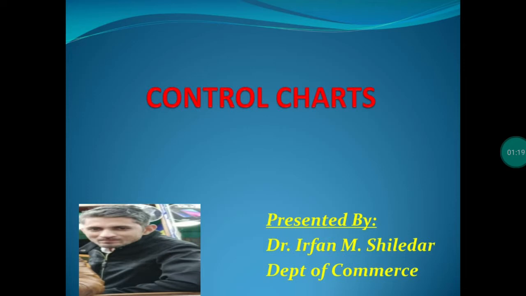If the process is not stable, at that time we should control our respective production process. If you control the production process, automatically you can increase your profit. That's why we have a particular formula: optimum utilization of resources. You should use minimum resources and you should get maximum output. It is called a control chart.